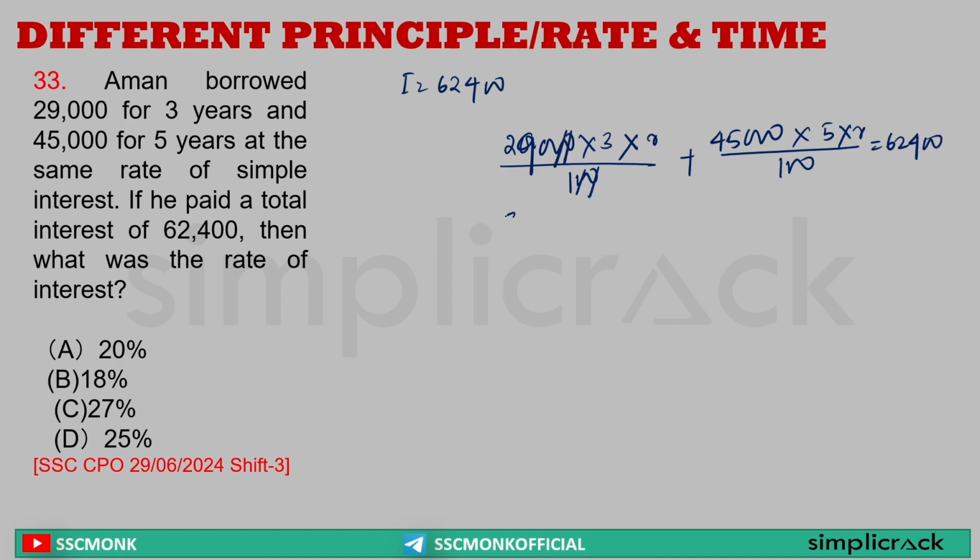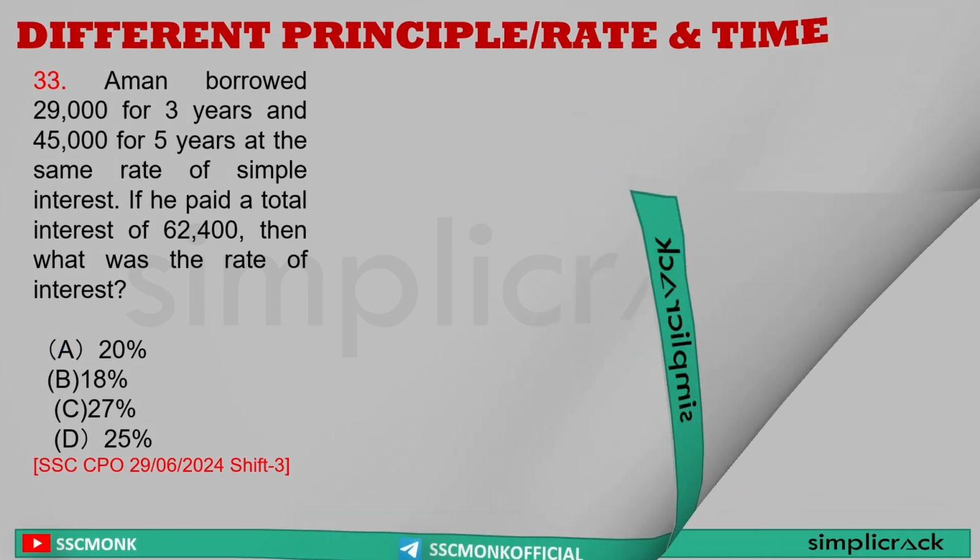Sir, this can be written as 870R plus 2250R is equal to 62400. Sir, here if I add it, I will get 3120R is equal to 62400. Sir, 3120 multiply by 2 is equal to 6240. So R is equal to 20%. Answer option A. Next question.